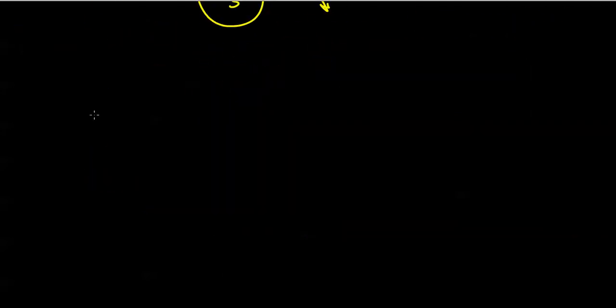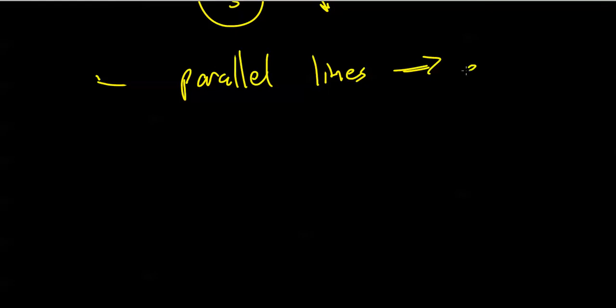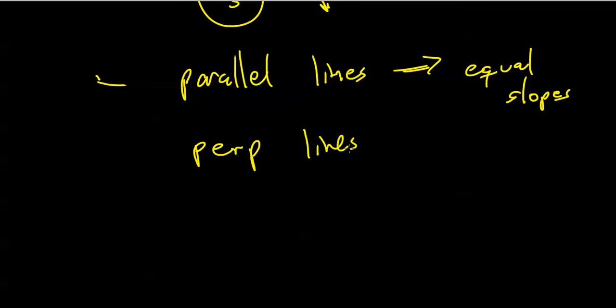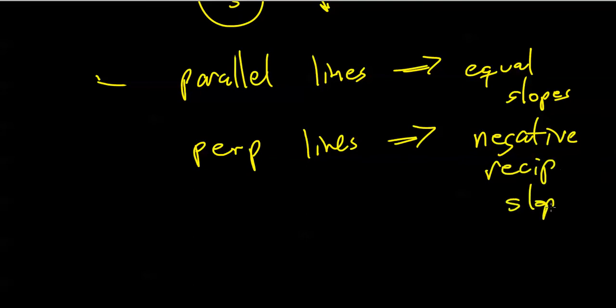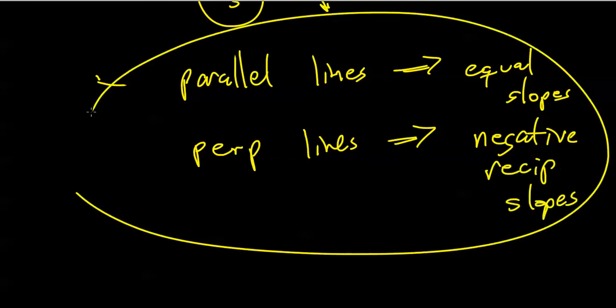Again, to refresh our memory, parallel lines have equal slopes, perpendicular lines have negative reciprocal slopes. Nice test for if lines are parallel or perpendicular.